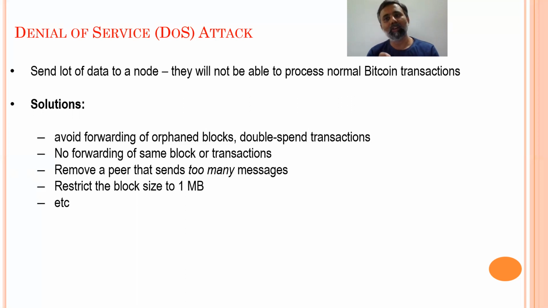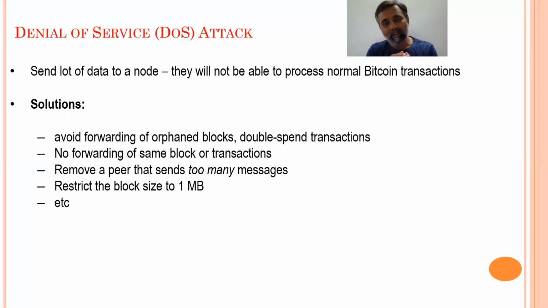But here is one issue. If we have a very small block size, then we can avoid this type of attack. But the proof of work mechanism requires lots of computational power. So if we reduce the block size, then the proof of work mechanism will be used again and again.